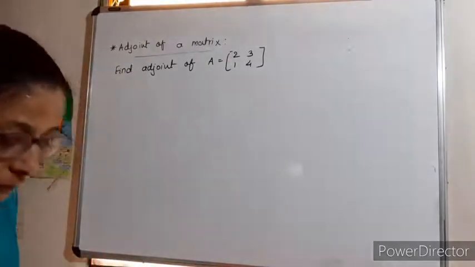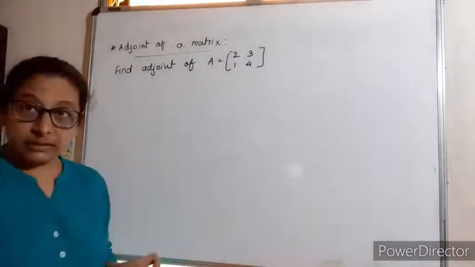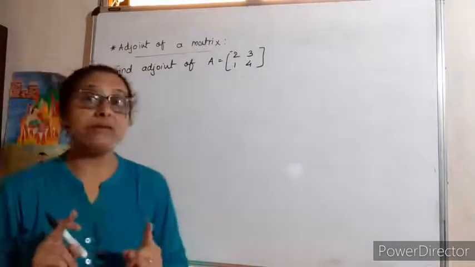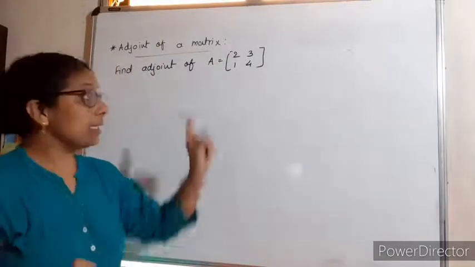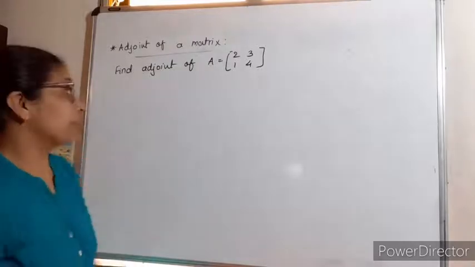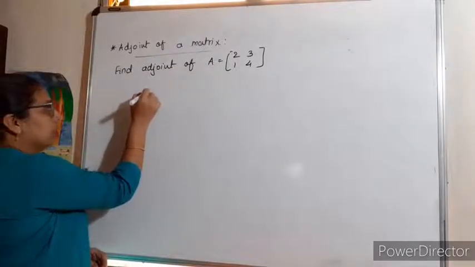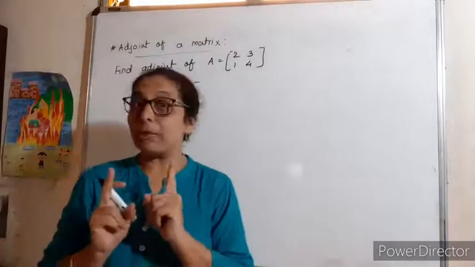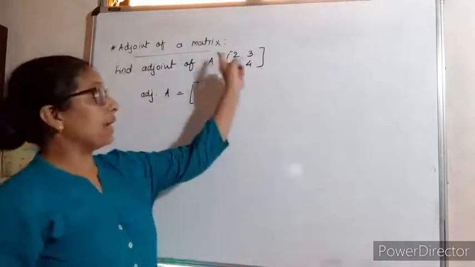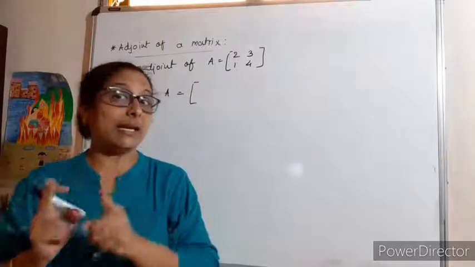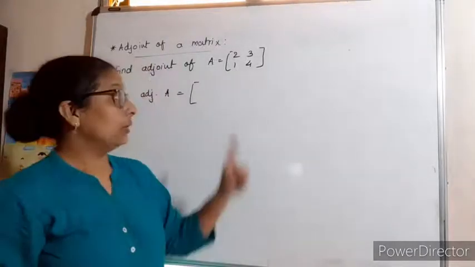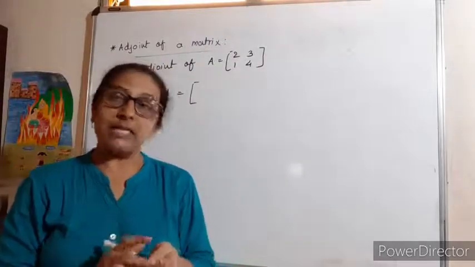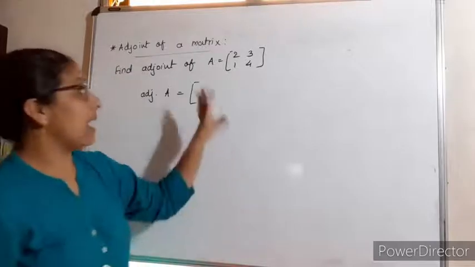So first of all, we will find the cofactors and arrange them into the matrix. Direct cofactor we already found yesterday. How to find it directly? So first of all, adjoint of A: the first thing is that you need the transpose. So you will find row wise and write column wise. Again, go through the row wise and write column wise. Find row wise, write column wise, that is the transpose.